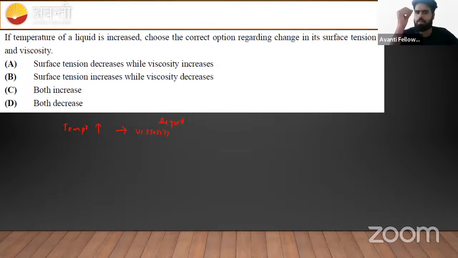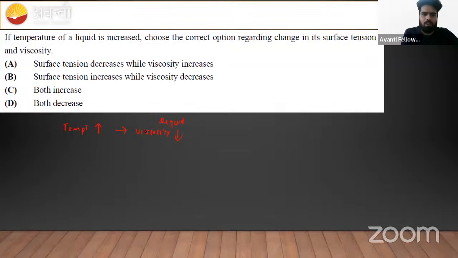If we increase the temperature, the bonds become weaker, and if we apply greater temperature, the liquid will turn into vapor. So on increasing the temperature, viscosity decreases, as the tendency of the bonds to break increases.